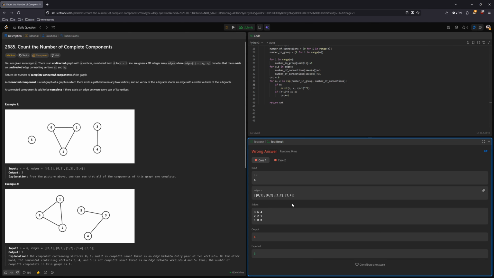Life is pain. Yes. Well, no, that is incorrect. That should count, that should count, that should count. Output is 6, and we expected 3.